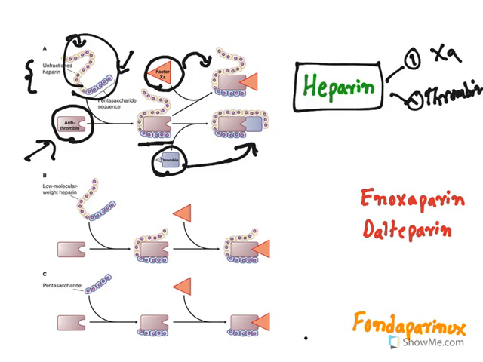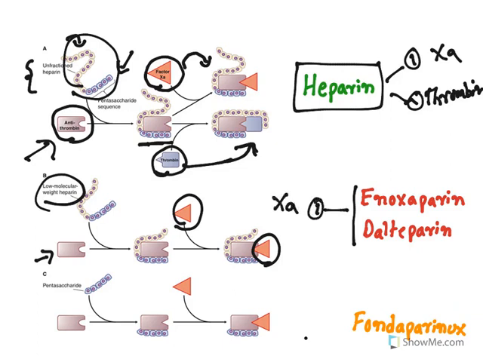Whereas low molecular weight heparins like Enoxaparin, Dalteparin can only inhibit factor 10A. How do they do it? They also activate antithrombin. That's why they are known as indirect agents. They also inhibit factor 10A. The last class, only the pentasaccharide chain without the tail, can also be used as anticoagulant. It also binds with antithrombin, activates it and binds with factor 10A.